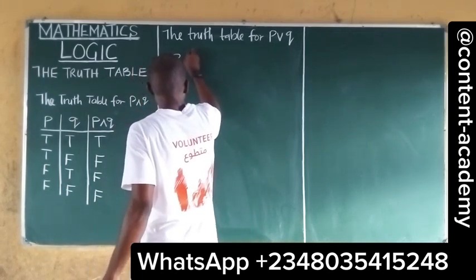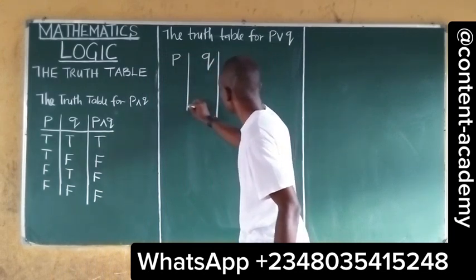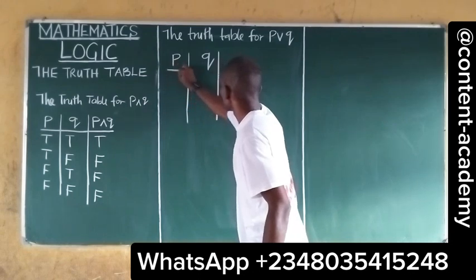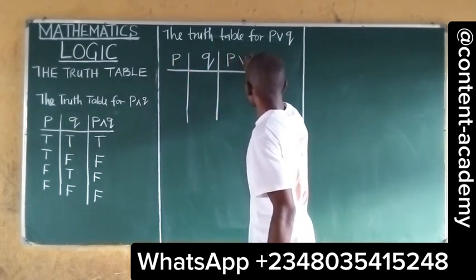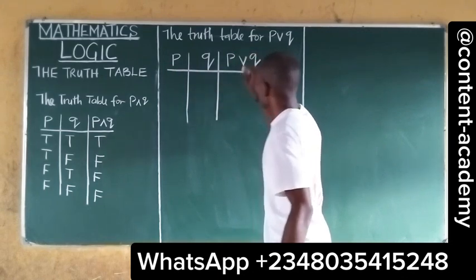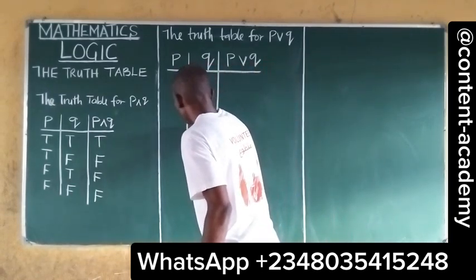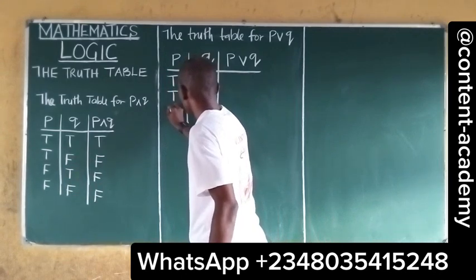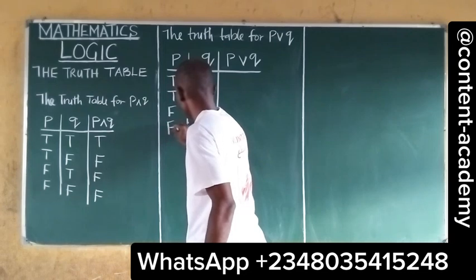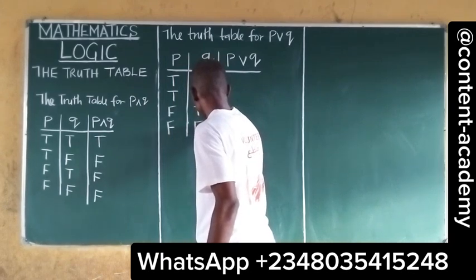We make our P and our Q. What we are looking for is P disjunction Q. So we'll still employ what we wrote here: truth, truth, false, false, truth, false, truth, false.